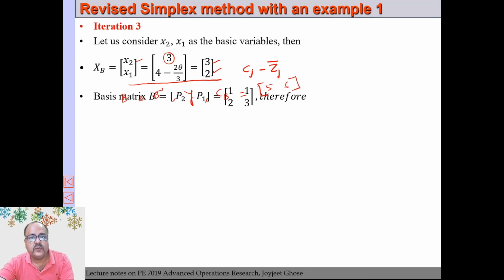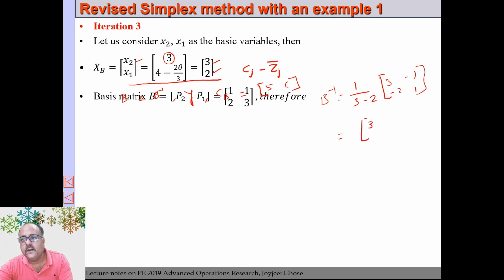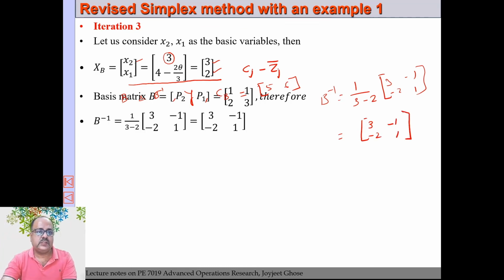B becomes P2, P1, so it will be 1 by 2, 1 by 3. So B inverse will be 3, minus 1, minus 2, 1. So this is what we get.